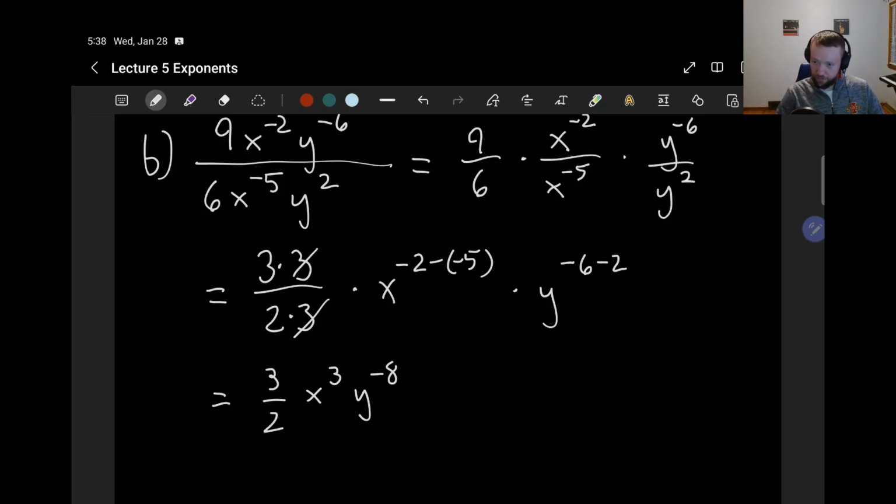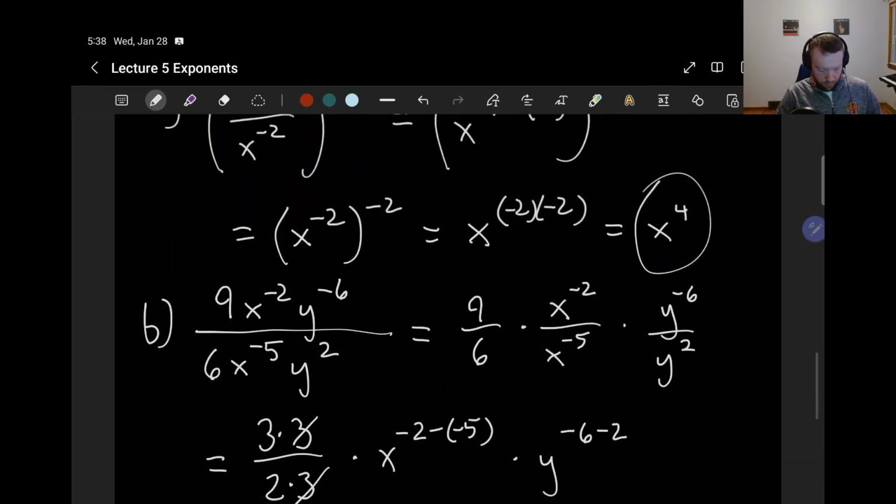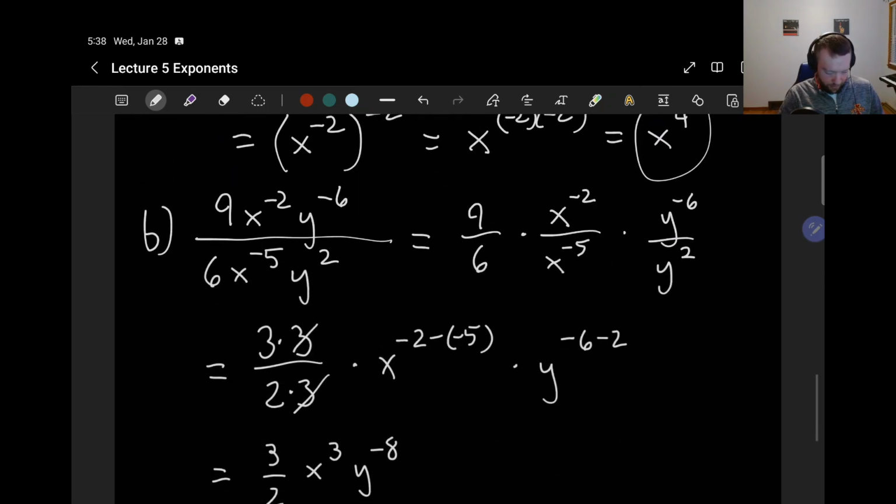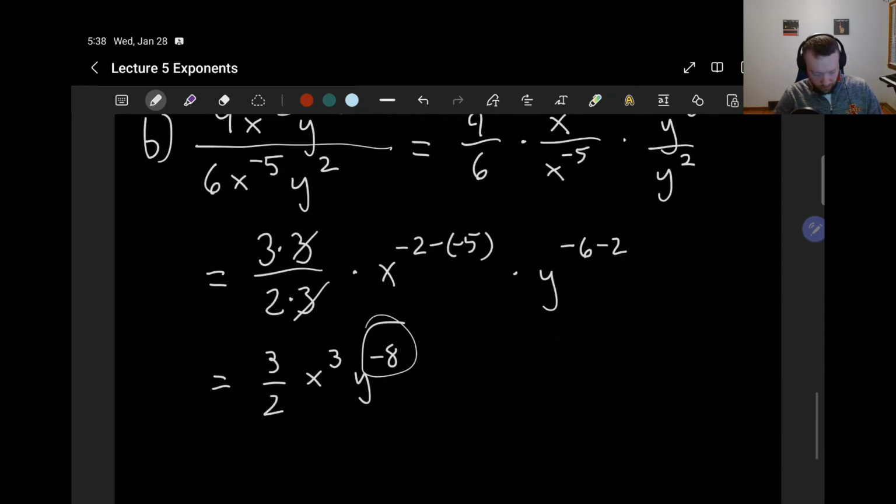Am I done? Notice the problem says using positive exponents only. This doesn't look positive to me. Well, there's a simple fix for that.